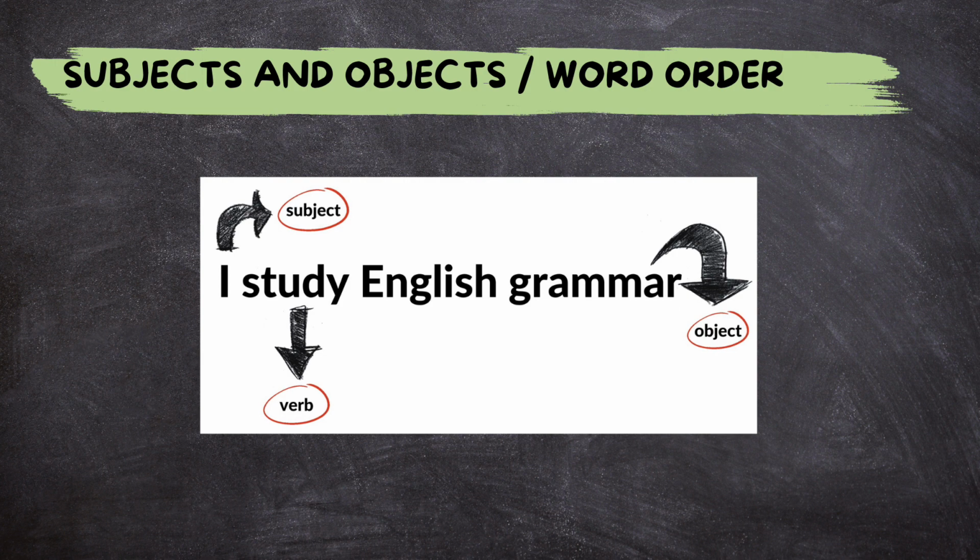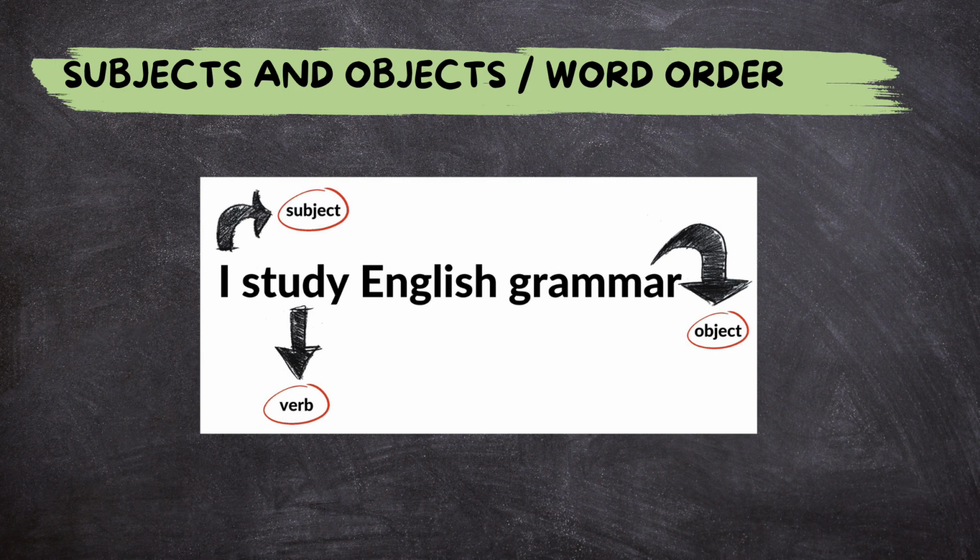In grammar, we use the word subject to talk about the pronoun, noun or noun phrase that does the action of the verb. In English, the subject is usually before the verb. Can you please give me an example of this? Also, in grammar, we use the word object to talk about the thing or person that the verb is done to or who received the verb.